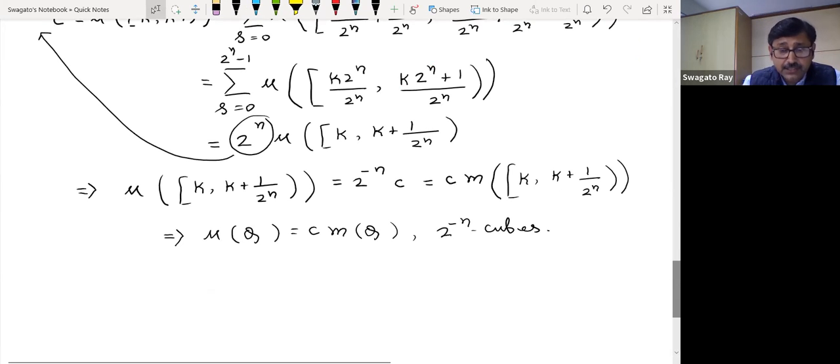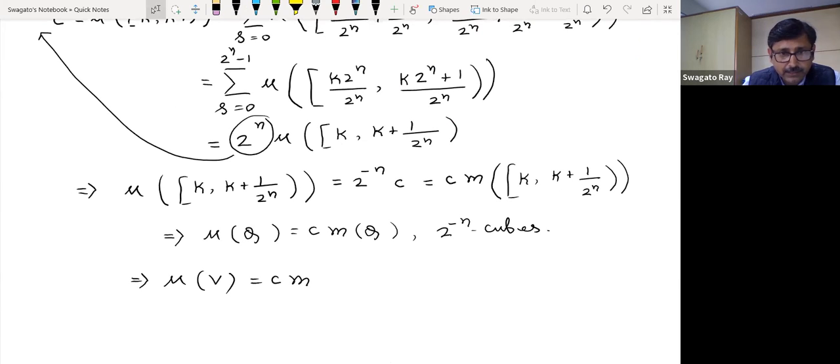Now since it is true for all 2 to the power n cubes, this implies measure of v is again c times Lebesgue measure of v for all v open.